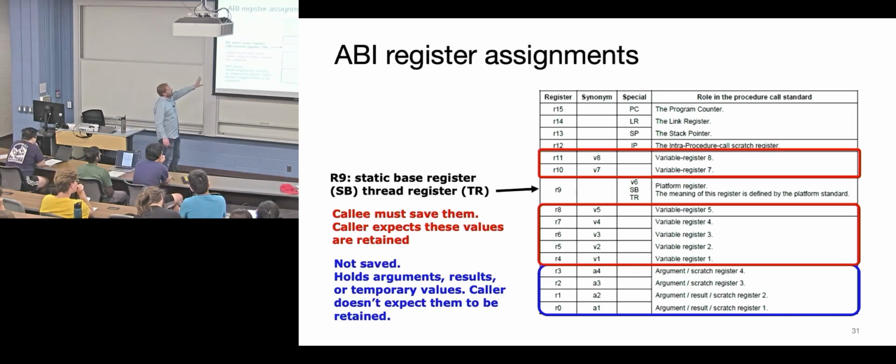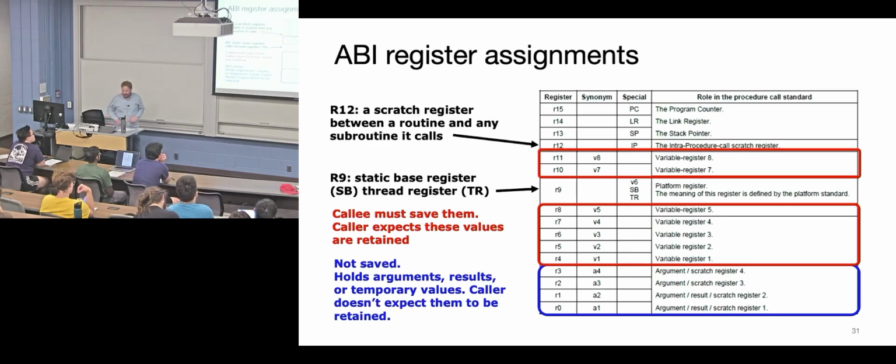R9 is specifically for our architecture, for static base registers and thread registers. We never use that stuff in this class. Your compilers are doing that stuff underneath. In the V6 architecture, it's just a normal register that you can use for whatever. But for this case, don't modify that register, okay? It's not available for you to use.